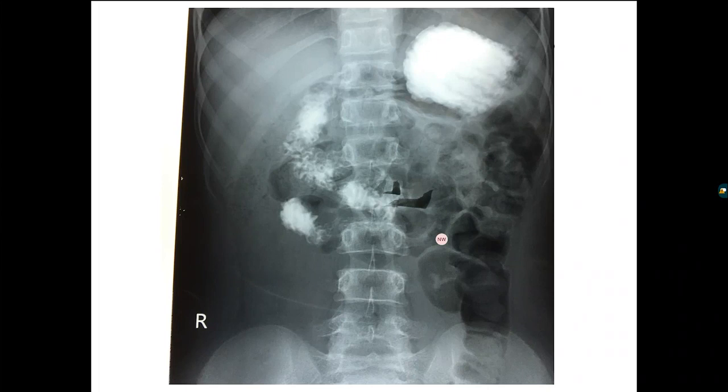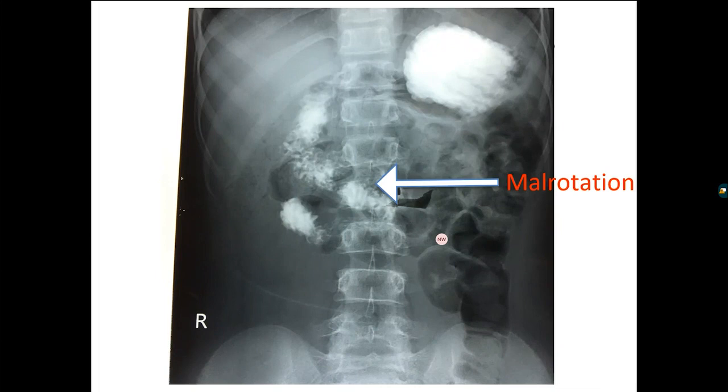The diagnosis of midgut malrotation is important because it is a condition which has to be operated on urgently. Therefore, your exact diagnosis is very important, and the exact diagnosis is made by an upper GI contrast study.